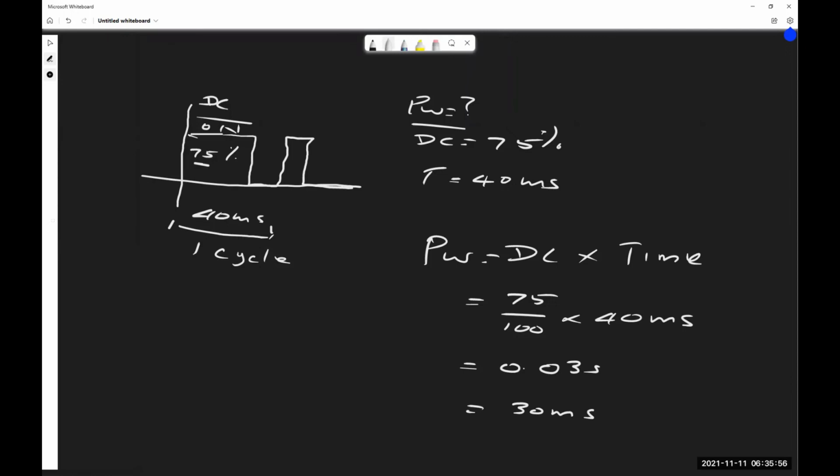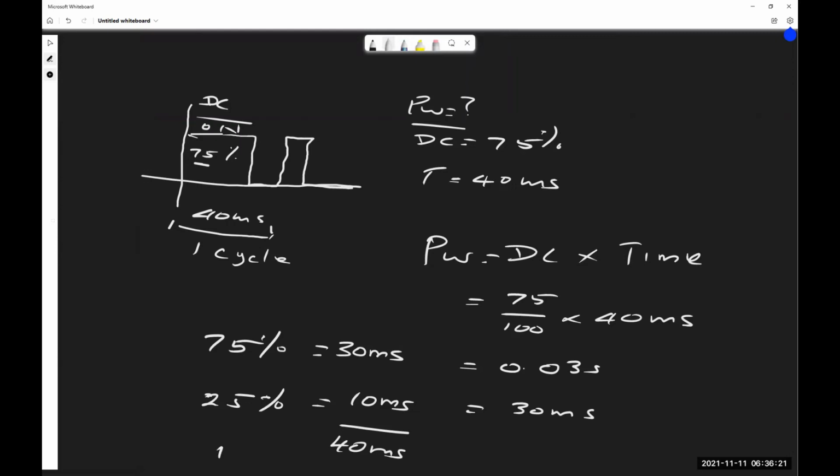So what that really means is the 75% on time is equal to 30 milliseconds. And then the 25% of time would be 10 milliseconds, right? So the total is 40 milliseconds.